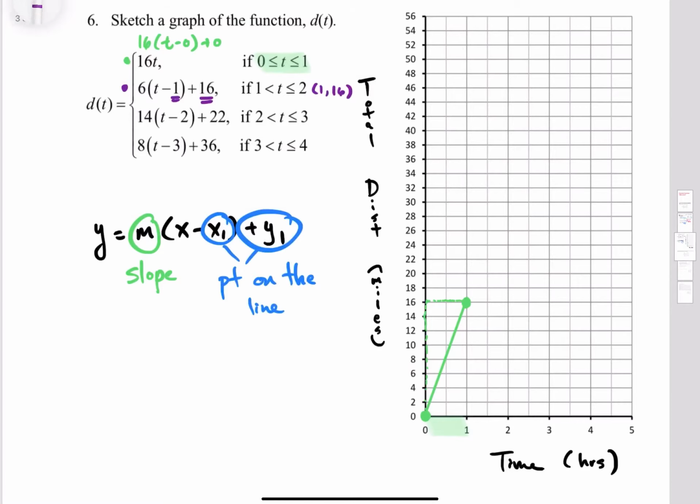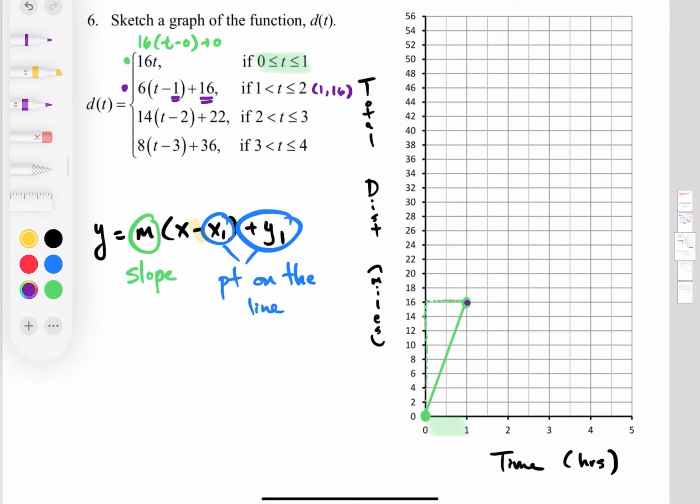Well, it's positive 1 because of this minus sign. If we did a minus 1, that means we're doing a minus our x1, and x1 is our point, so at 1. So now we have our first point at 1, 16, which is right over here, and the slope is positive 6. So that's going to go up 6 and over 1.